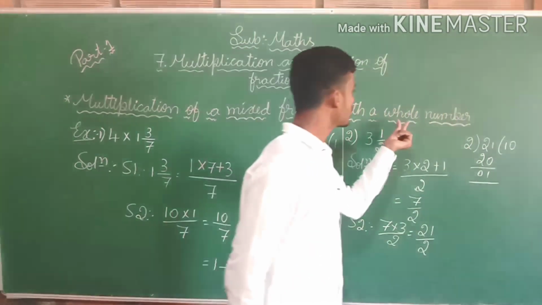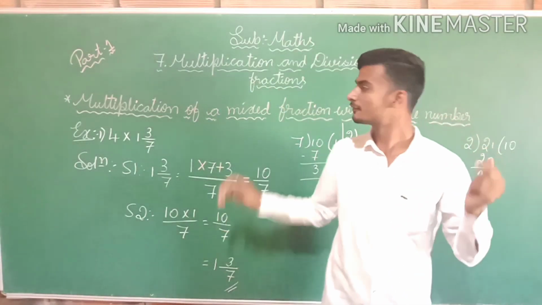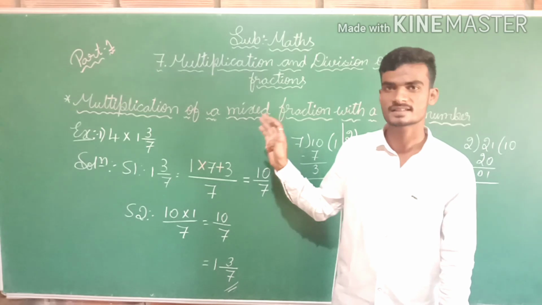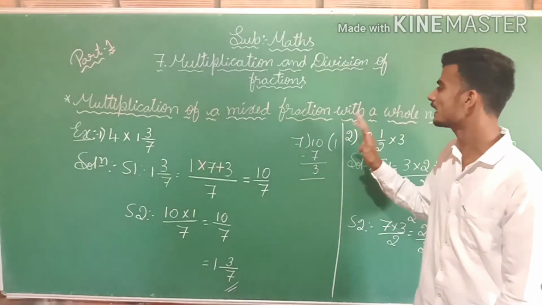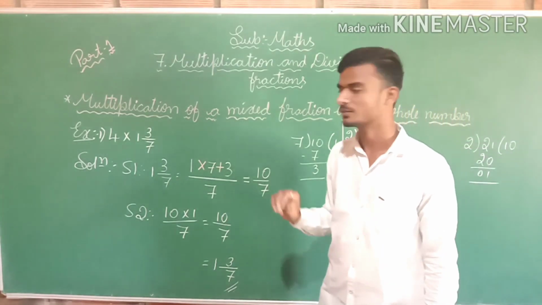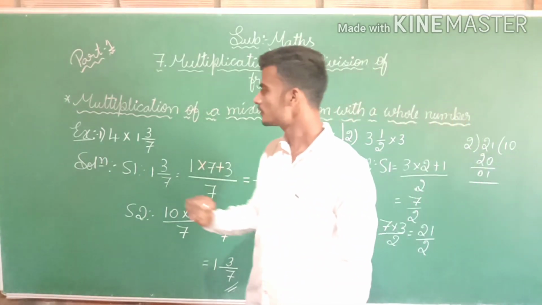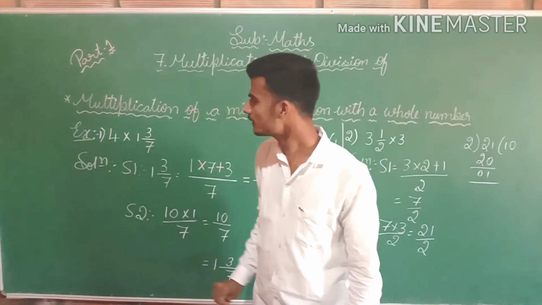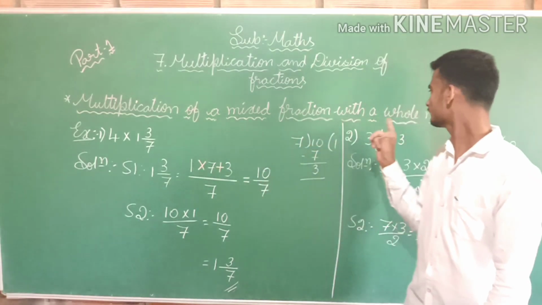You know this already, as we discussed in the previous chapter on fractions. In the 6th chapter, we discussed how to convert fractions into whole numbers and whole numbers into fractions. I hope you know that very well.